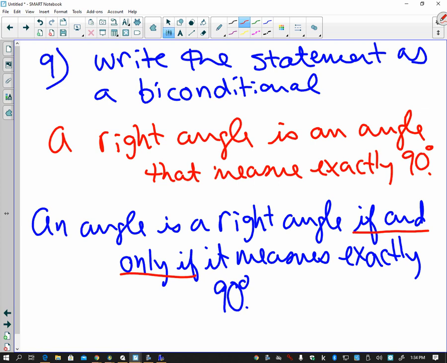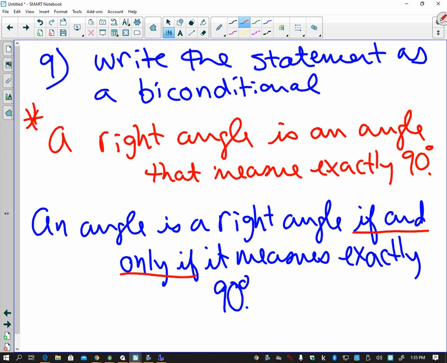So by looking at a right angle as an angle that measures exactly 90 degrees, the converse would be, if an angle measures exactly 90 degrees, then it is a right angle. Is that true? Okay, because both what we saw here and the converse are true, then we know that the biconditional statement can be written.